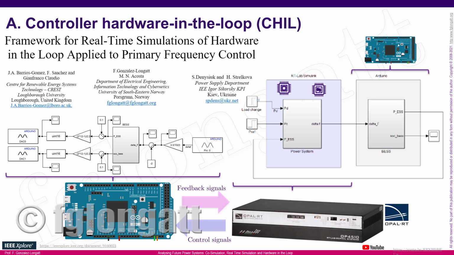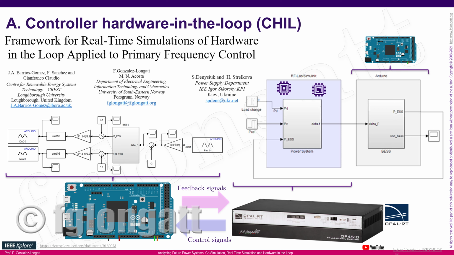Last year, with one of my postdocs, Jose Angel Barrios from Mexico, and one of my former PhD students, Francisco Sanchez, from Loughborough University, we wrote this paper, Framework for Real-Time Simulation, Hardware in the Loop, Applied for Primary Frequency Control. Primary frequency control is one of the control loops that we will find in a real power system, but in this case, we try to enable primary frequency control using battery energy storage.